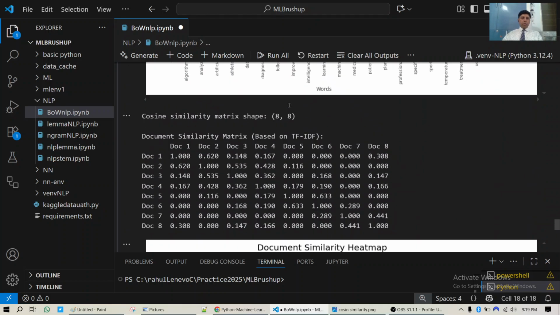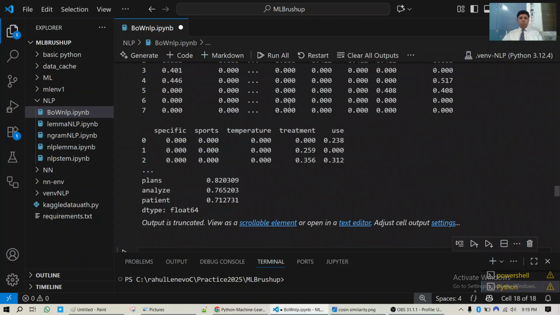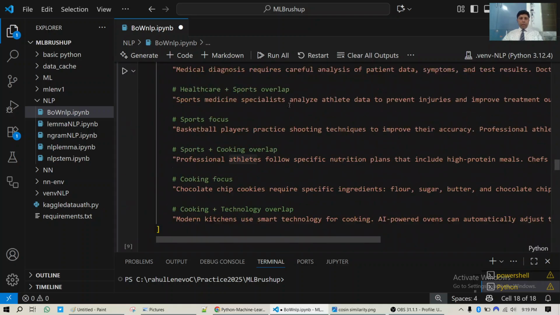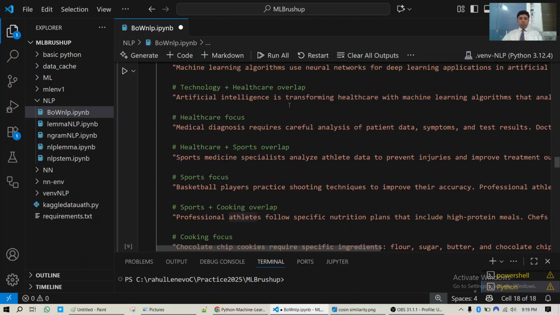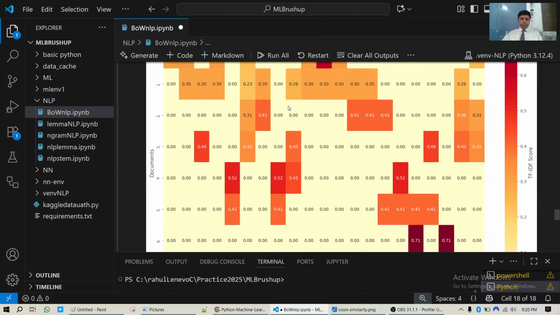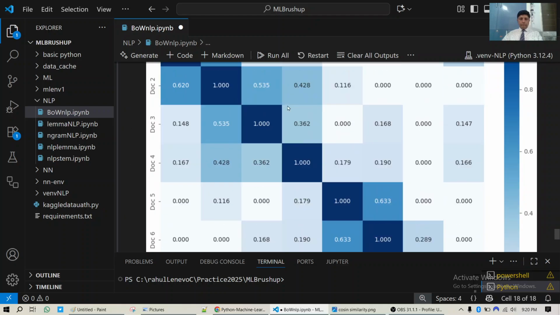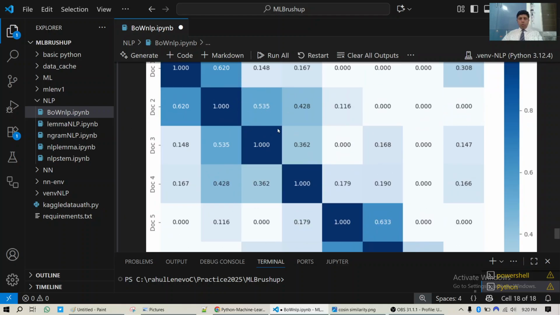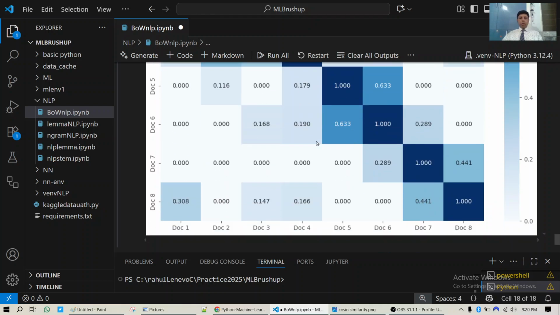This is why we intentionally took documents with context overlap, so that we can identify the similarity of the vectors. This is how it helps us find the similarity of the vectors.